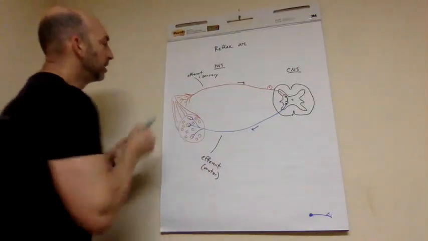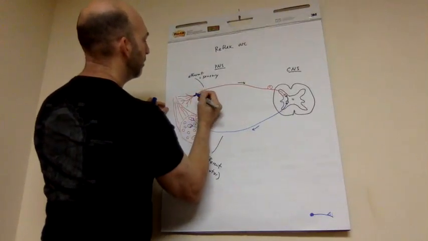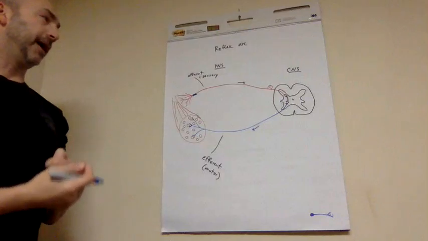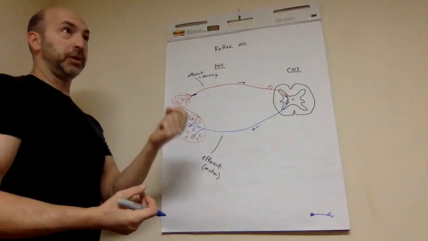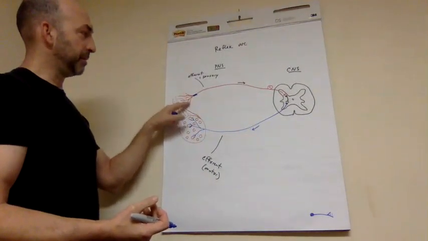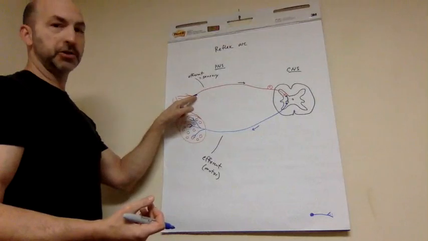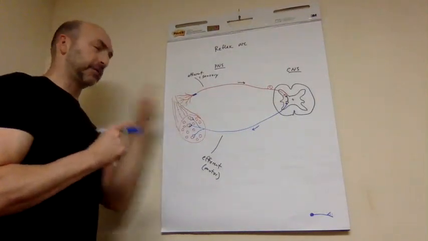Now, I want to label one section here. I'll highlight it by making it dark, right? And we could call that the axon initial segment, right? Because we've got this region where we transition from graded potentials, the generation of graded potentials, to the generation of an action potential. And that happens at the axon initial segment, which integrates the graded potentials.